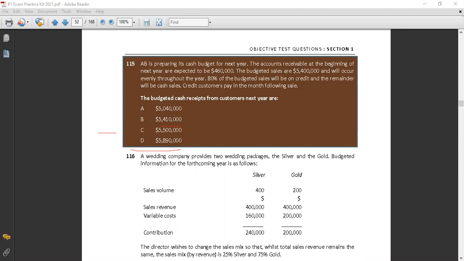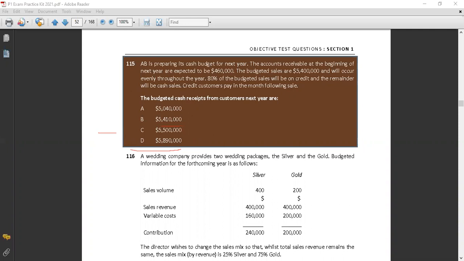The budgeted sales are 5,400,000 and will occur evenly throughout the year. 80% of the budgeted sales will be on credit and the remainder will be cash sales. Credit customers pay in the month following sale.